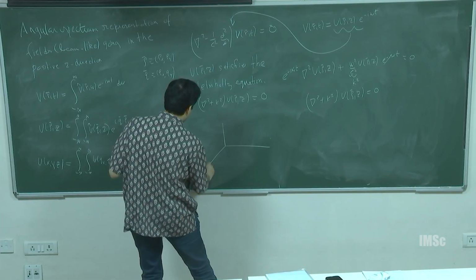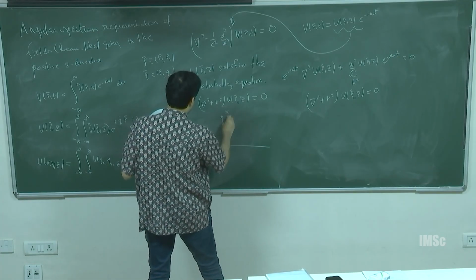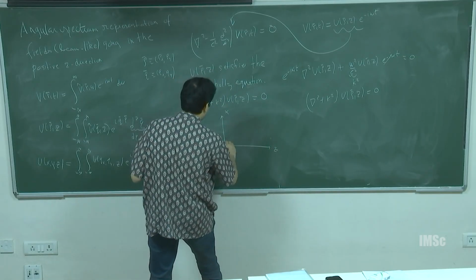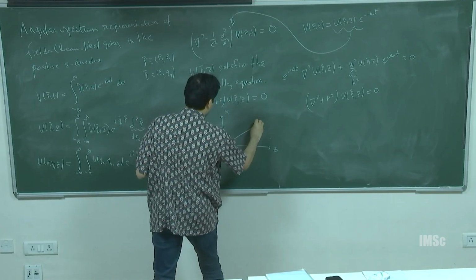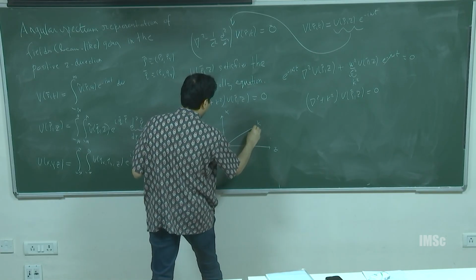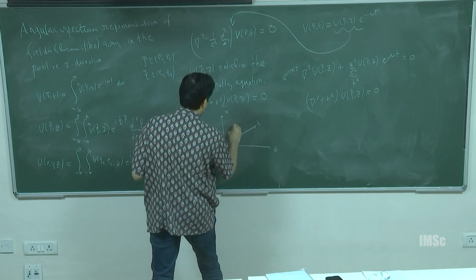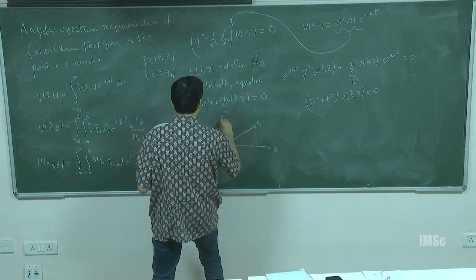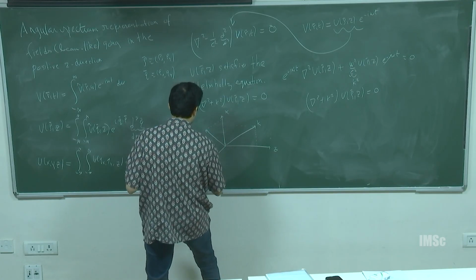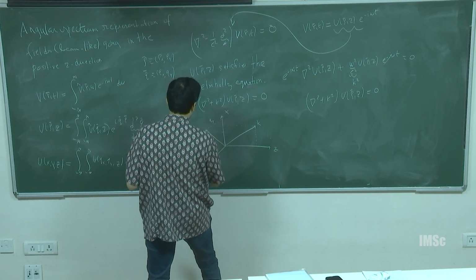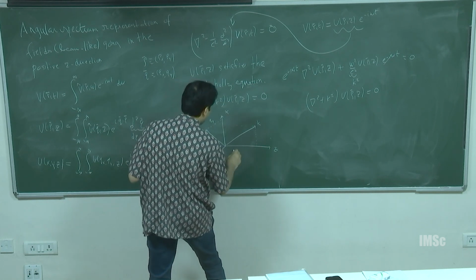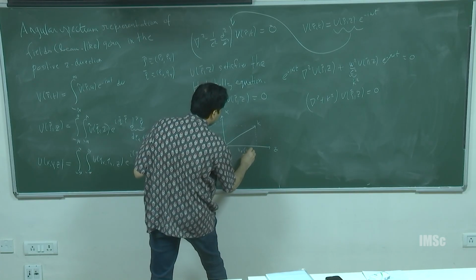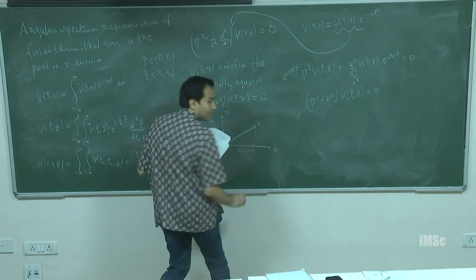So basically, this is the k vector, with components qx, qy, and kz, or sometimes in literature it's also denoted as w.